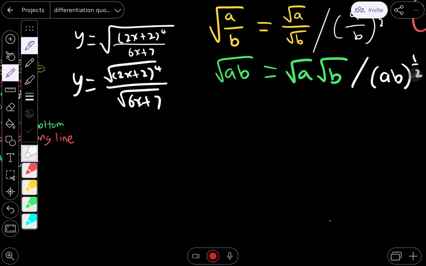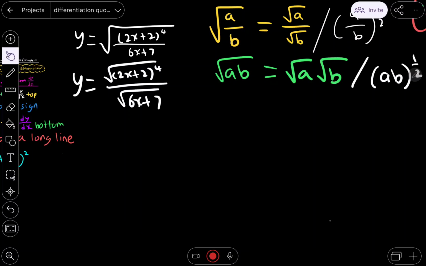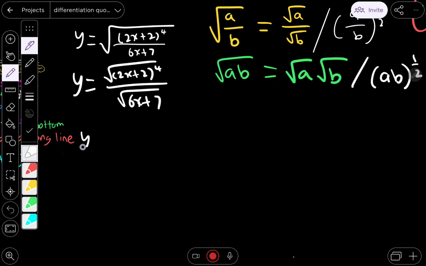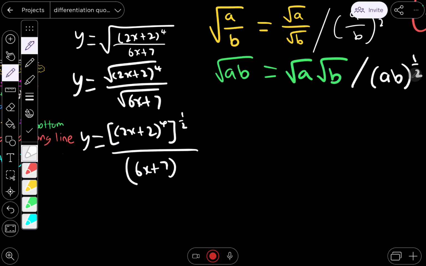I plan to leave my answer in positive indices form because I don't want to see square root, so it will be easier for me to differentiate. So I will write another line, y equals [(2x plus 2) to the power 4] to the power half over (6x plus 7) to the power half.